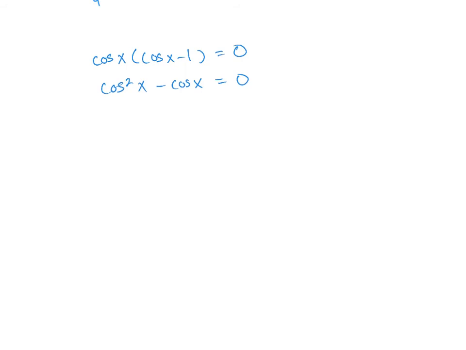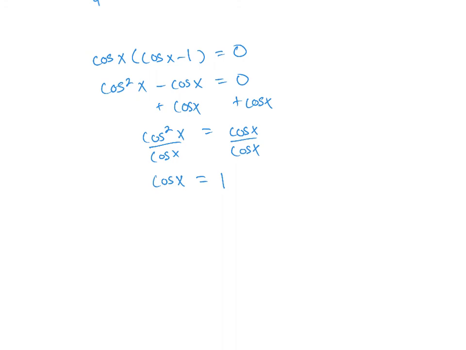I can do some math manipulation. Let's add a cosine to both sides. Then cosine squared of x must equal cosine of x. And now if I divide both sides by cosine of x, I get cosine of x must equal 1.